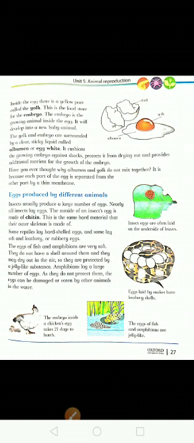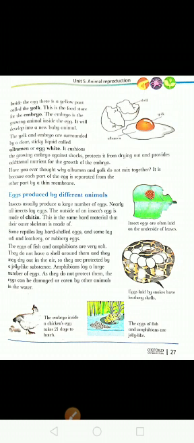Have you ever thought why albumin and yolk do not mix together? It is because each part of the egg is separated from the other part by a thin membrane. Eggs produced by animals.